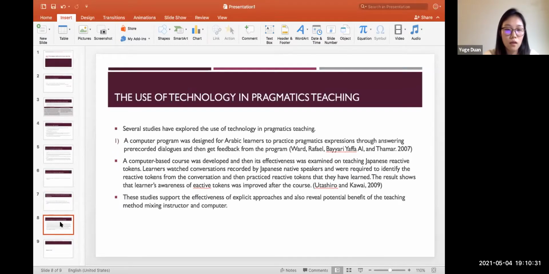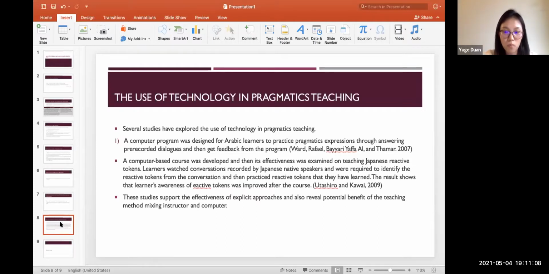Okay, and in these slides, here are some studies exploring the use of technology in pragmatics teaching. So in addition to traditional teaching techniques, these studies have explored using computers, some software or some computer-based courses to teach pragmatics.